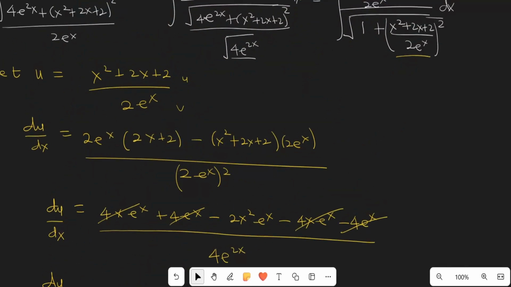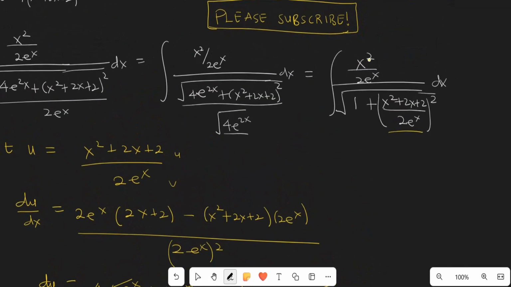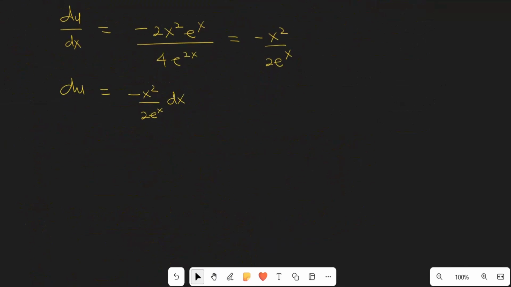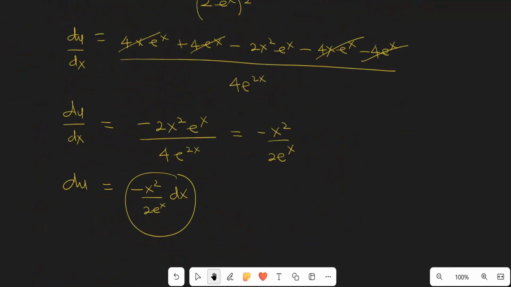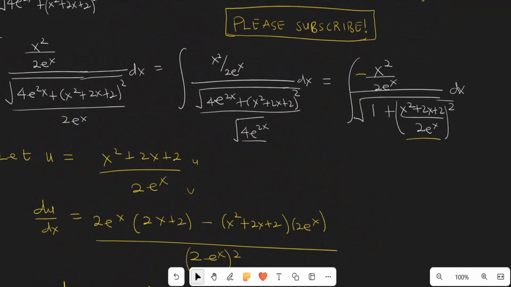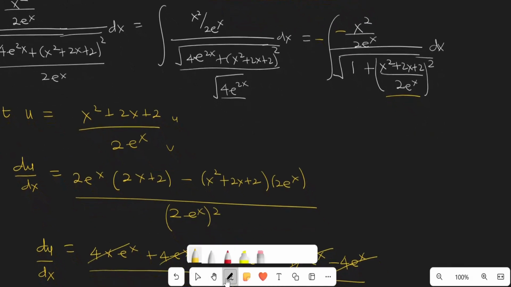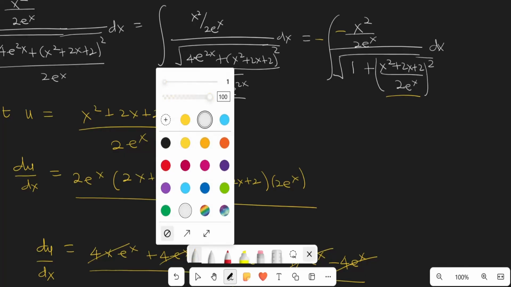Now we can go back to our integral. We look at this one, x squared over 2e^x dx. We can replace that with du, right? But since this is negative, in order to nullify the negative, I can multiply the integral by negative 1 as well. That is how we can do this manipulation. And we can now switch back to our white pen.